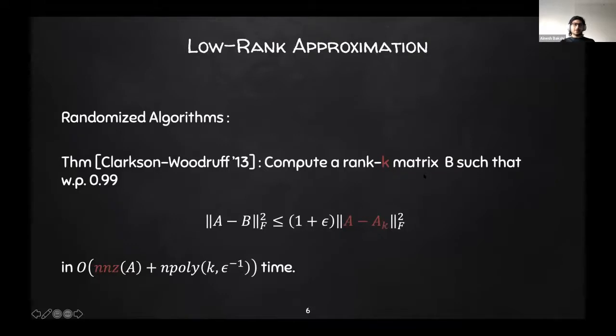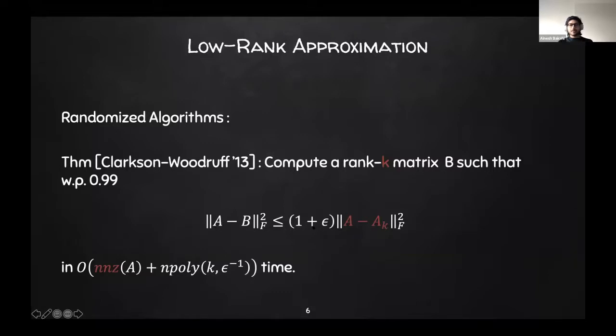Okay, but we are interested in randomized algorithms for this problem since we don't want to compute the full singular value decomposition and truncate it. And in a seminal work by Clarkson and Woodruff in 2013, they show how to compute a rank k matrix B that is close to the input matrix A in squared Frobenius norm.